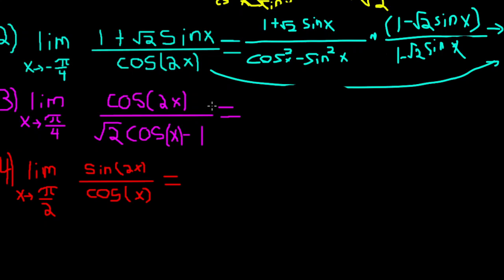What should I do here? I'm going to do pretty much what I did up here. I'm going to multiply by a clever form of 1, or the conjugate of this bottom part. So square root of 2 cosine of x plus 1. And then same thing here.